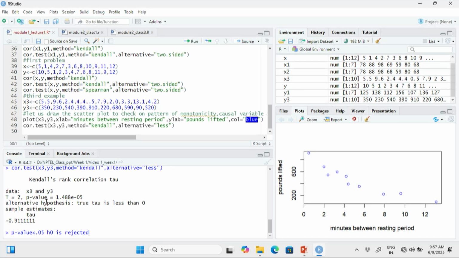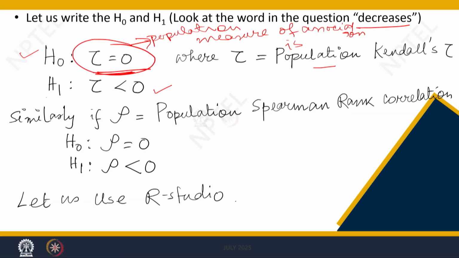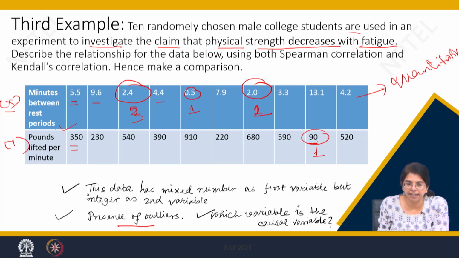The smaller the p value, the stronger the evidence against H0. So H0 is rejected. What will be our conclusion? Let's get back to the PowerPoint presentation. What was your question? This is example 4 and we were doing example 3. Physical strength decreases with fatigue.